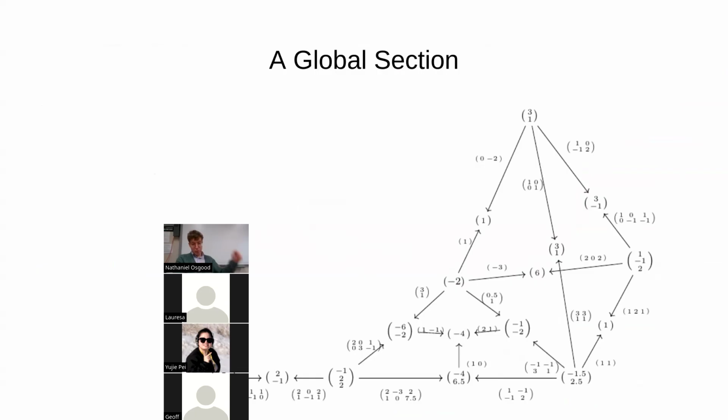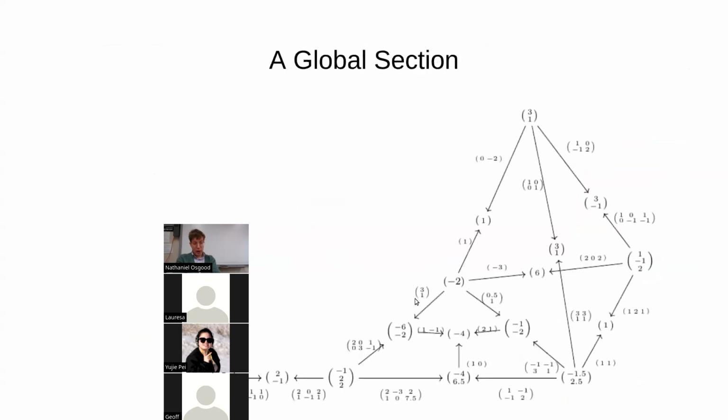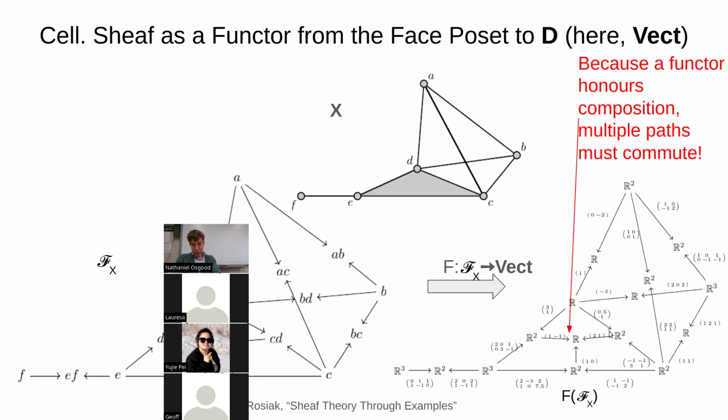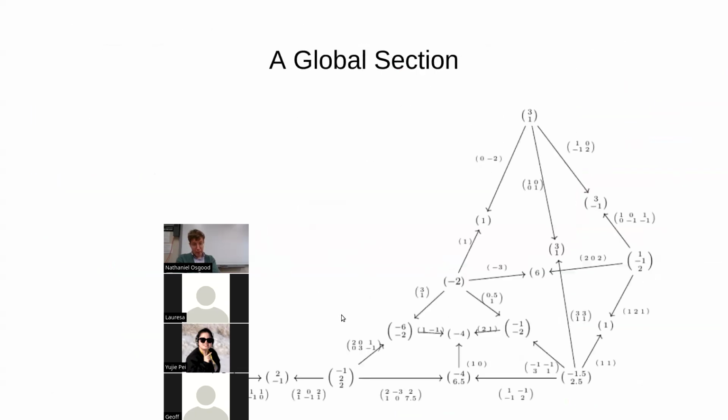And so here's a unique global section. Here we have a particular value from that R squared we were talking about. Here we have a particular value from this R squared. Here we have -4, a particular value from here, right? And you can do the math. So if this -6, -2 is multiplied here by 1 and -1, this is a column vector, this is a row vector.